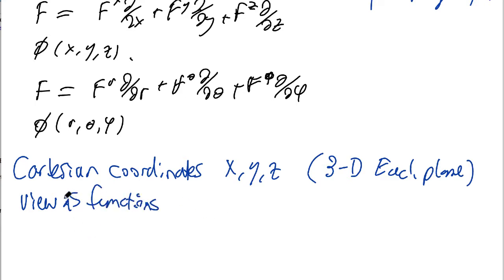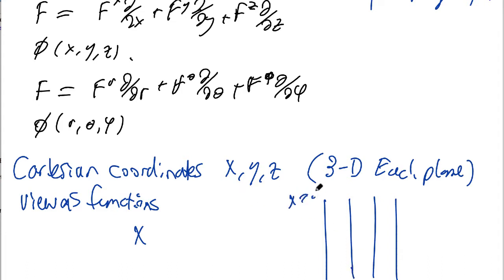So for example, the x-coordinate is a function that takes any point in space and tells you what the x-coordinate is at that point. So in fact, we can draw the surfaces of constant x. So this is the x equals 0 surface, 1, 2, 3, and so forth.